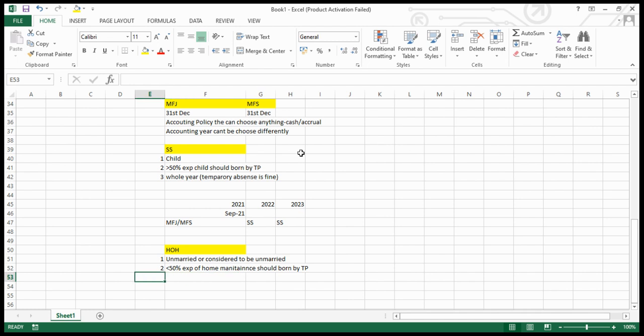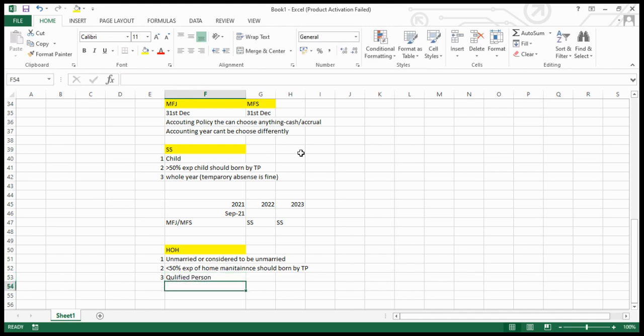Okay. That 50% expenditure is to be paid for the qualified persons, then only we can call it that. Not for whoever is staying in the home and he is just paying the 50% for them; he will not be allowed. That expenditure should be used only for the purpose of a qualified person.